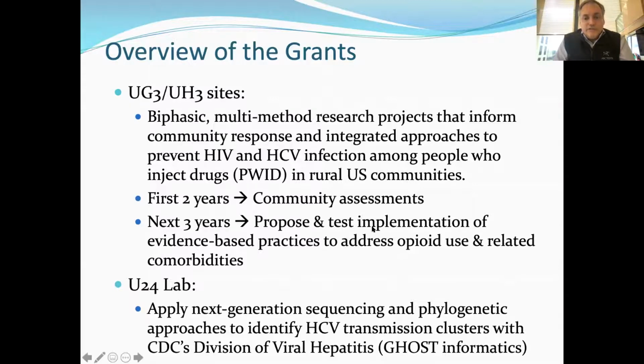My lab here at the Ragon has been focused on sequencing of the virus using next generation sequencing approaches and phylogenetic approaches to identify linkage between the different viral sequences, to see if we can overlay and expand upon what the UH3 sites are doing.